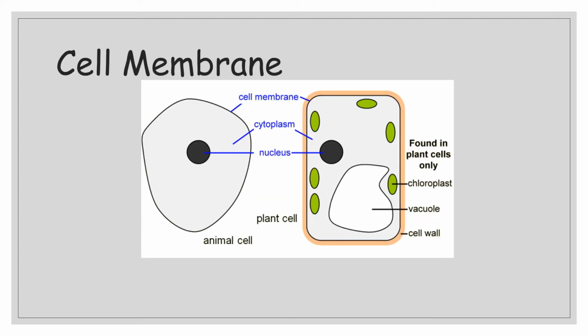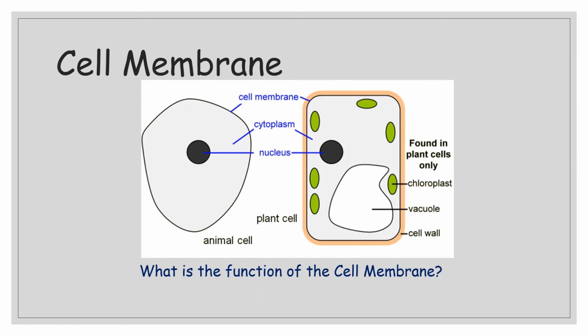So in key area 1.1 in our first video, we looked at all 4 cell types, and cell membrane is a structure that is in all 4 cell types. So that is something that could come up in your exams. Name a structure that is present in all 4 cell types, and cell membrane would be one of those. But the key question for today is, what is the function of that cell membrane?